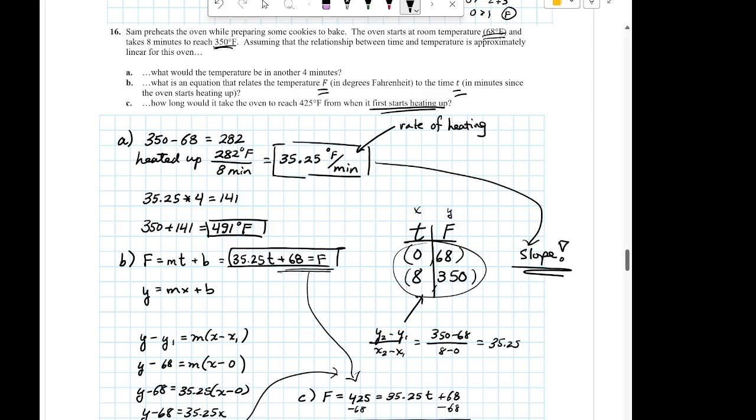That's 357 equals 35.25T. And then if I divide by 35.25, I'm going to round this, 10.13 is about T. So it's about 10.13 minutes.